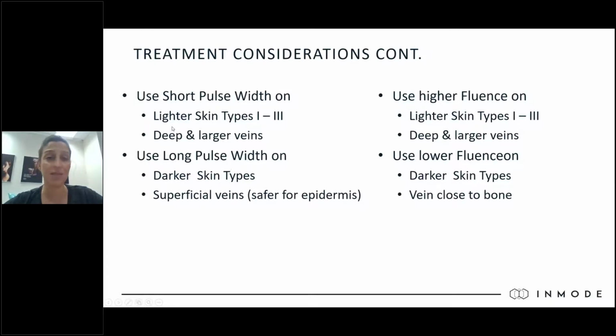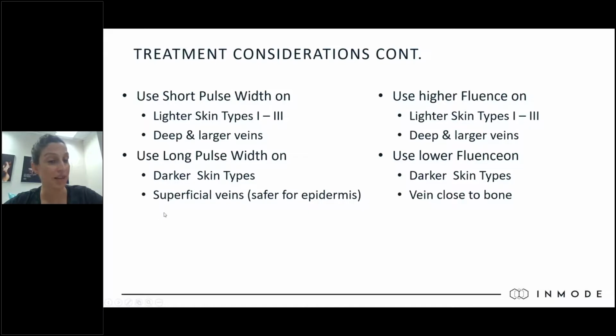With regards to pulse width, very, very similar. Okay, so the less aggressive pulse should be used on darker skins. So lighter skins, you can use short pulse. For darker skins, we recommend using longer pulse. Okay, so the long pulse. And again, for deeper and larger vessels, we need to be slightly more aggressive, and therefore we recommend using a shorter pulse.